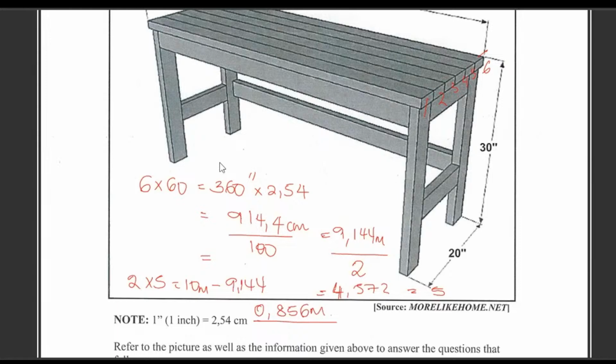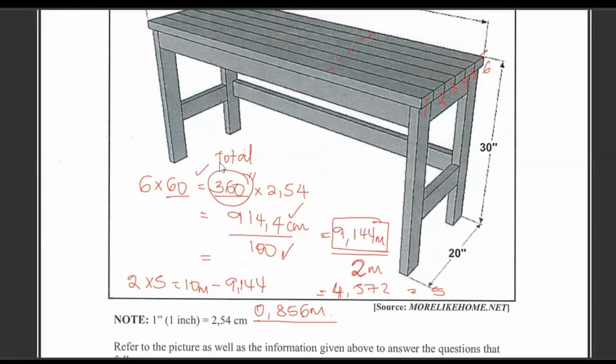1, look for the total length that you need, because each plank takes 60 inches. All right, so we have 60, 60, 60. So we end up having 360. Then this one, these inches, change them to centimeters. We go to this centimeters, change it to meters. We go to this much. So if it's this much and they're going to buy planks that will be 2 meters, how many planks shall we need?